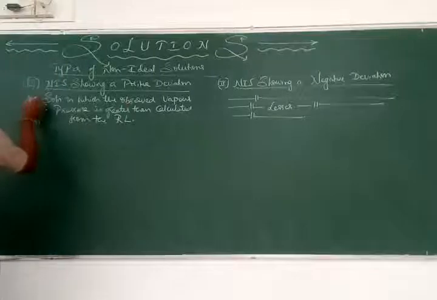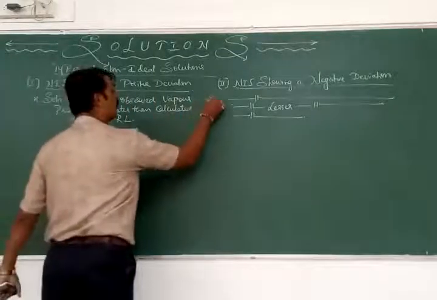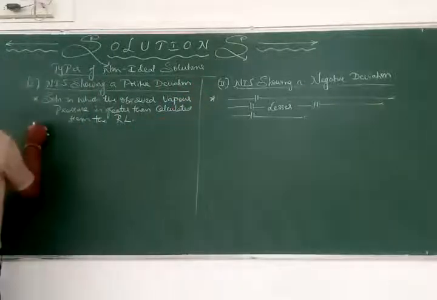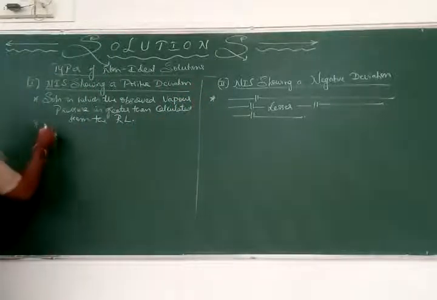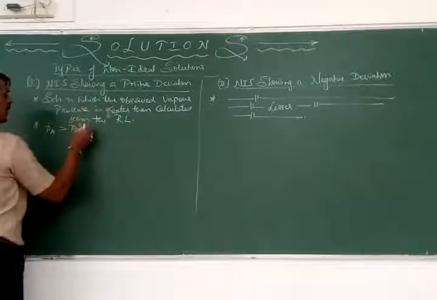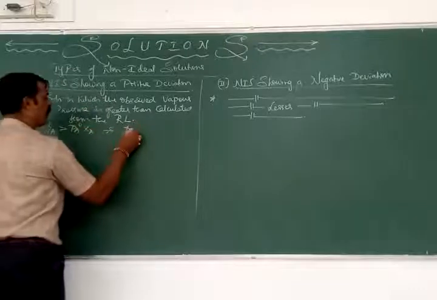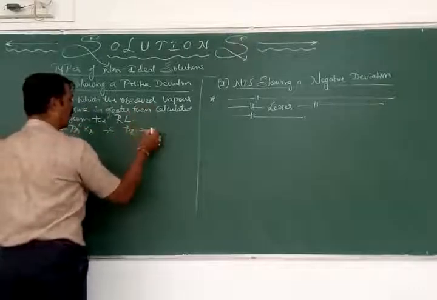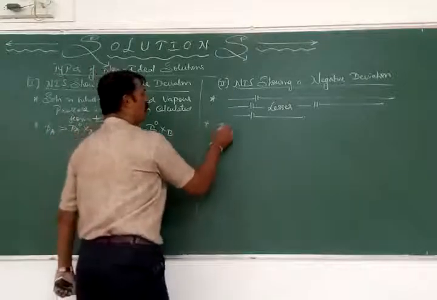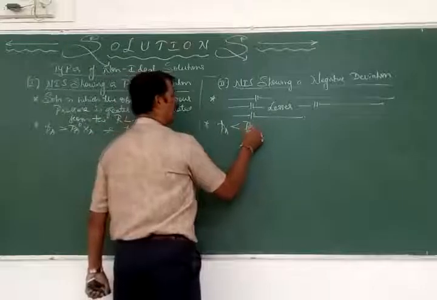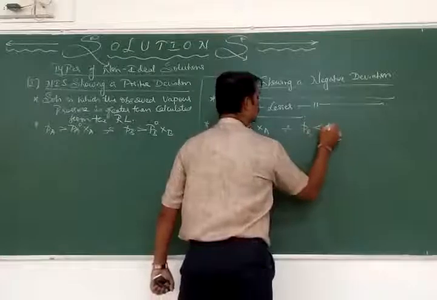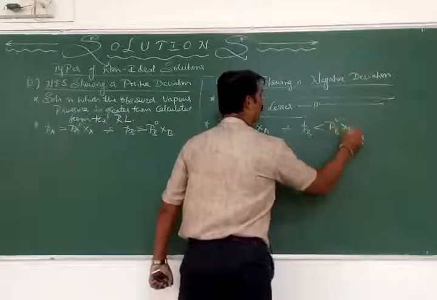Then we can have the differences between these two. This itself is the first difference. Here, PA is greater than PA naught into XA and PB is greater than PB naught into XB. Here, PA is less than PA naught into XA and PB is less than PB naught into XB.